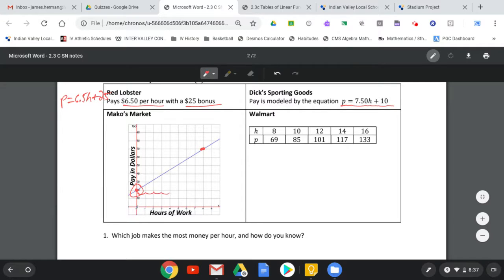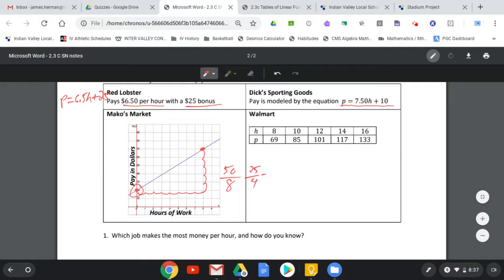Okay, so let me check it. 1, 2, 3, 4, 5, 6, 7, 8. It was 8. That was my run. And then this is going up by 10s, right? 10, 20, 30, 40, 50. 50 over 8, which would be 25 over 4. That's it, right? It can give me a decimal, but can I just leave it like that?